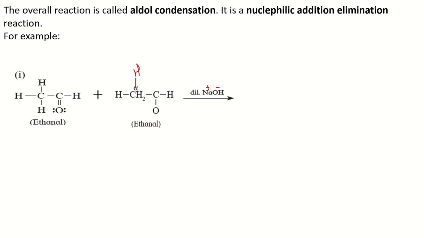There is hydrogen on the alpha carbon. The negative part of the reagent donates the electron to the hydrogen and forms the carbanion on the alpha carbon.